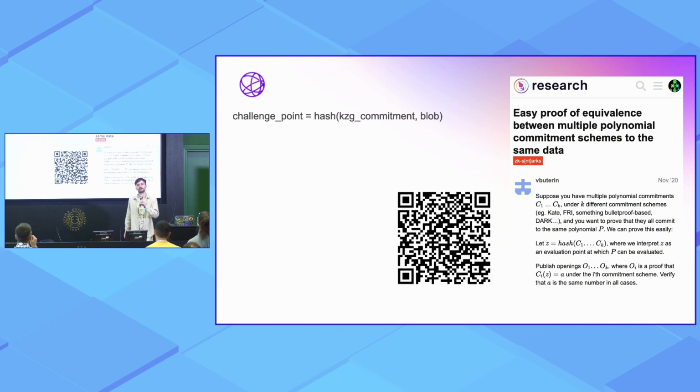This technique I first saw mentioned by Vitalik on the ETH forum post in about 2020.